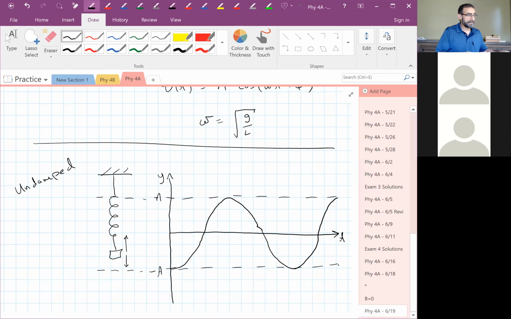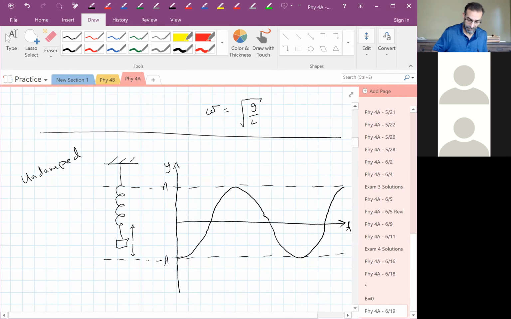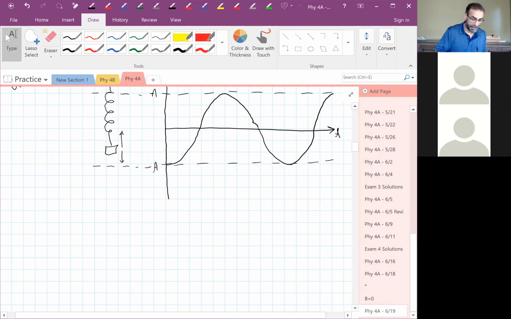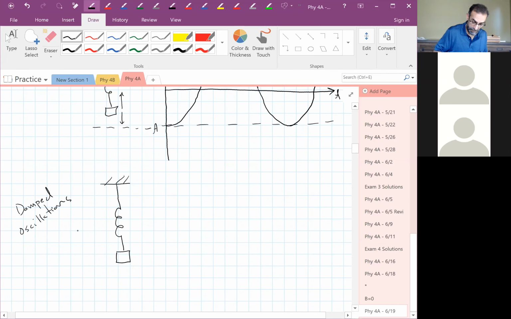But in the real world, we know that there's usually a little friction or air resistance. This is called a damped oscillator. Damped oscillations. One way to visualize that's really damped, right?